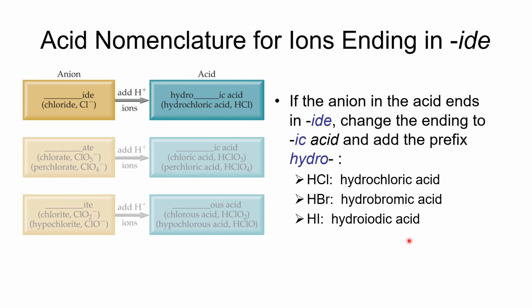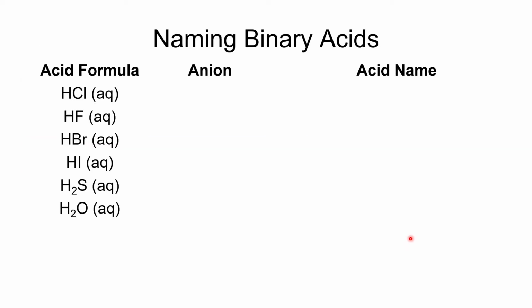So let's practice a few of those real quick, right? So HCl, and if we want to get the anion, well, just however many hydrogens that are there, remove that and increase the charge by -1. So that would be chloride, Cl-. Since that ends in "ide," it's going to be hydro-ic. So hydrochloric acid is going to be the name.